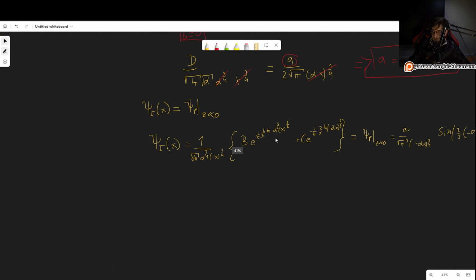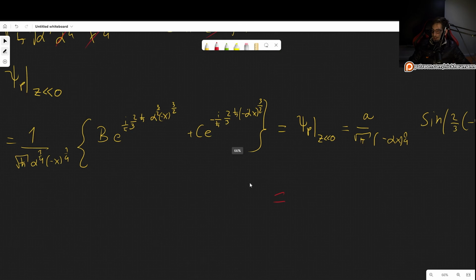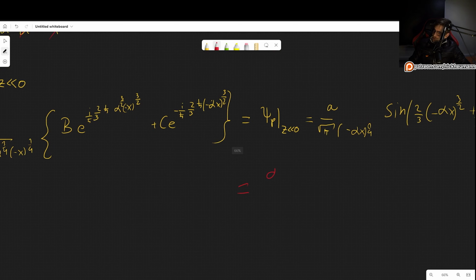There it is. Okay, so we now need these two things to be equal. However, one is in form of exponentials, one is in form of sines. So we need to rewrite one of them. The easiest thing is to just rewrite sine, because there's only one sine and there are two exponents. So we will just keep it as it is, minus alpha, blah, blah, blah, no change.